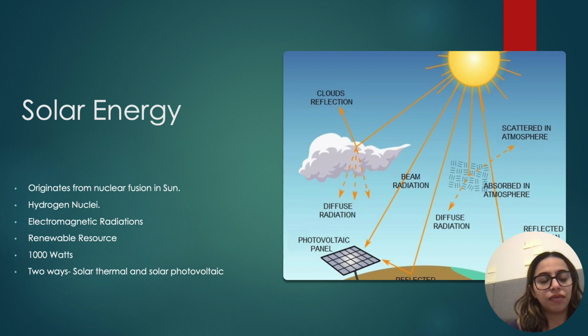Sunlight contains photons, particles of light, which travel through space and deliver energy when they strike matter. Usually, the amount of energy arriving on Earth is about 1000 watts per square meter.